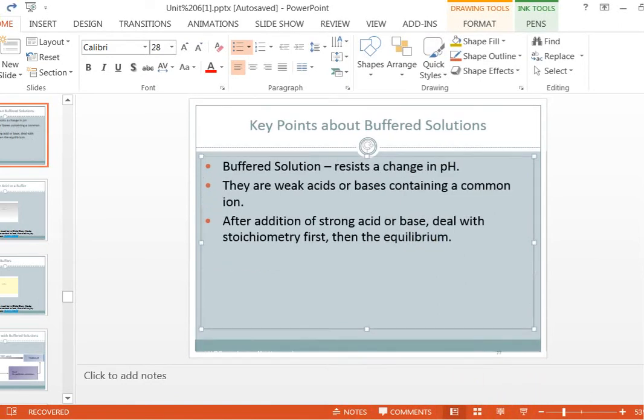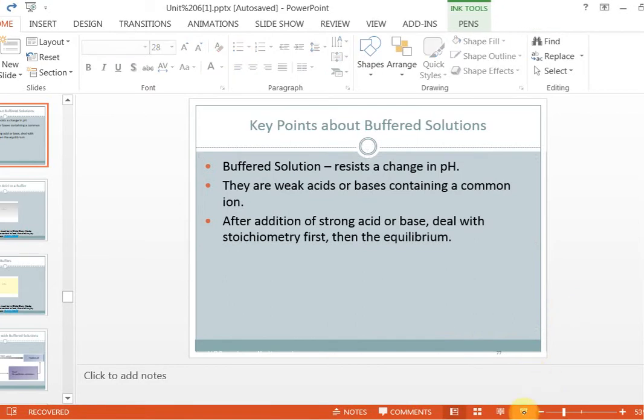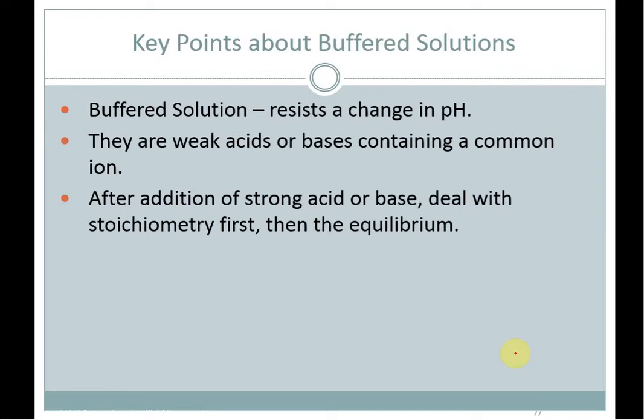That is because it has both an acid and its conjugate base, or a base and its conjugate acid, in solution. They will have that common ion, that conjugate, that will allow for the absorption of a change in pH by adding a strong acid or base.